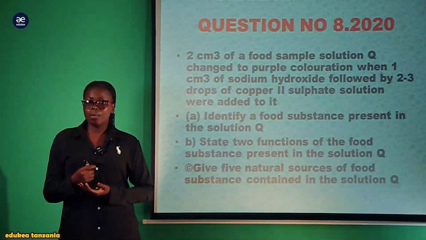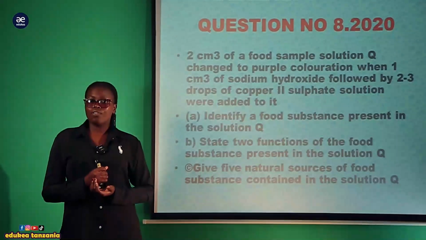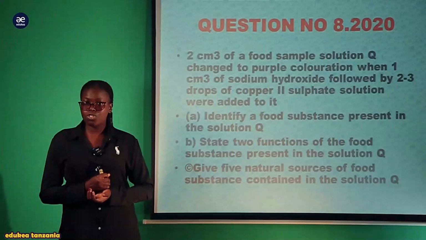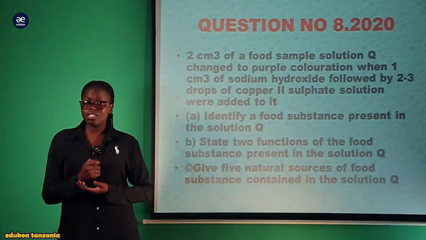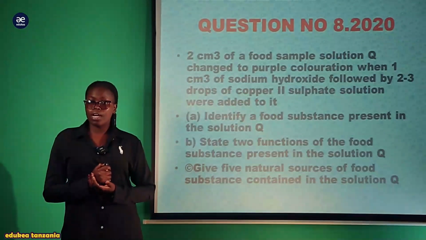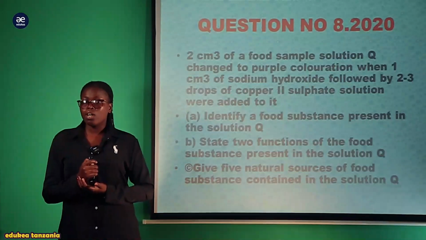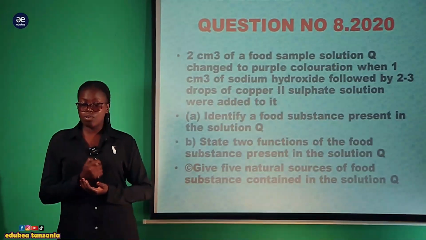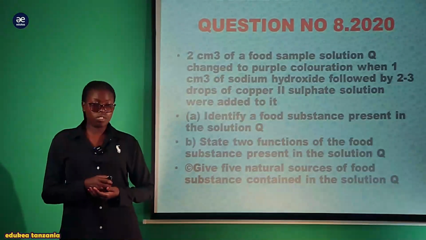If the food sample Q retained the blue color of the copper sulfate solution, it would mean that protein was not there. Since solution Q changed from the blue color of the copper sulfate solution to purple, it indicates that protein was there. So the food substance present in solution Q was protein.